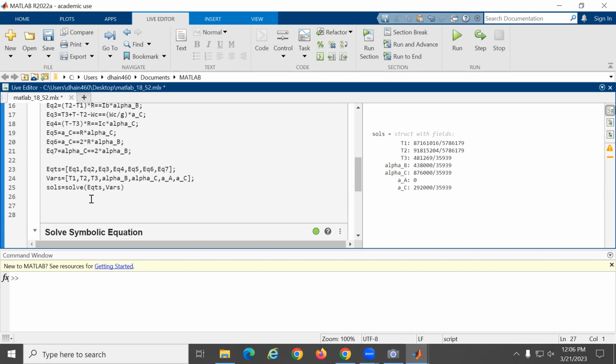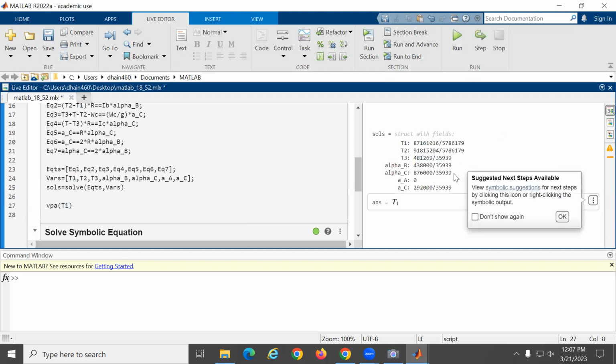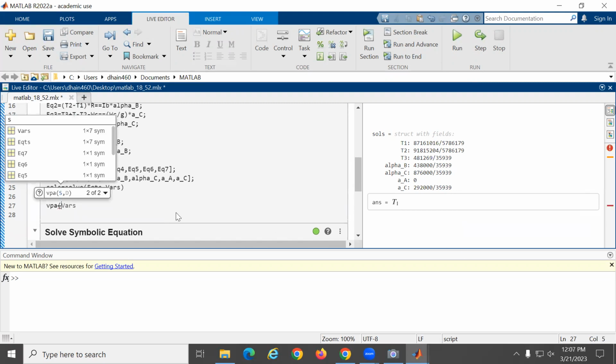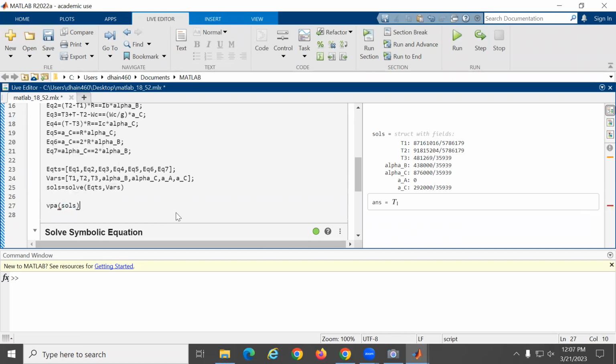So maybe what you need to do here is VPA. I know I did it the other day, but I don't know if it's going to work. Let's see, VPA solves.